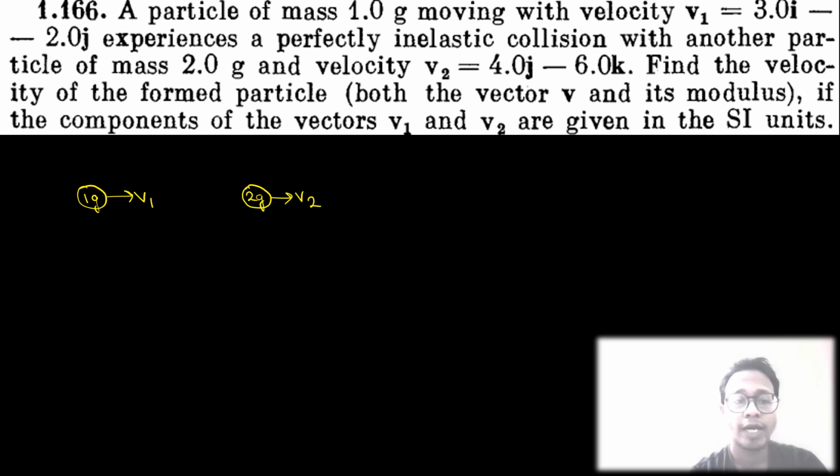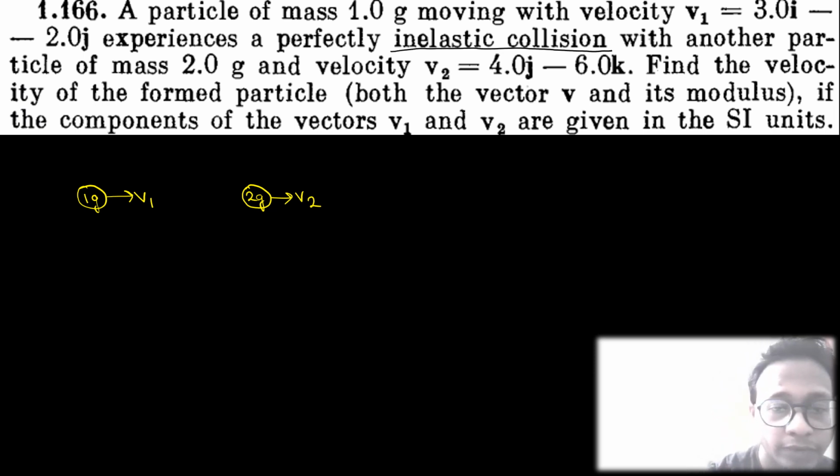Find the velocity of the formed particle. Here the collision is perfectly inelastic, which means the coefficient of restitution is 0 and the bodies stick together after collision. The bodies will move together after collision.